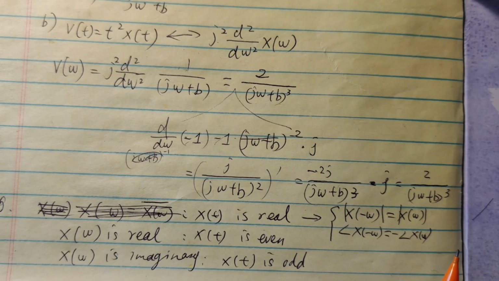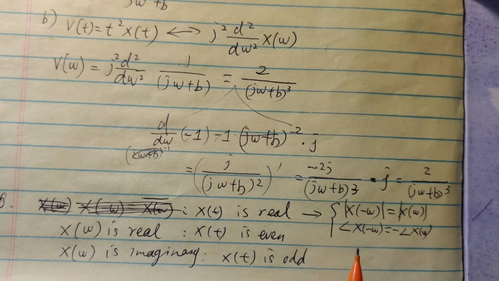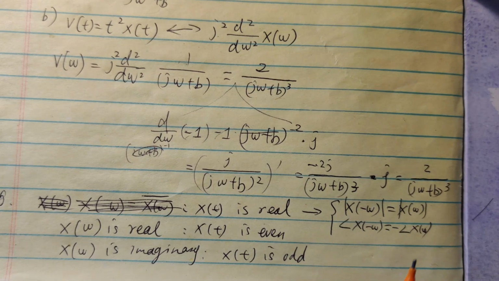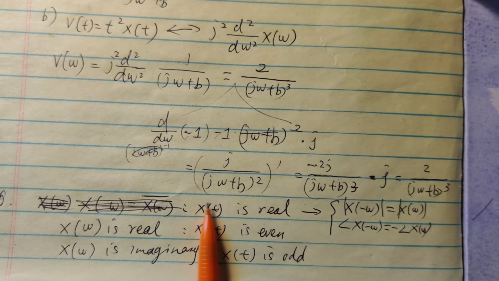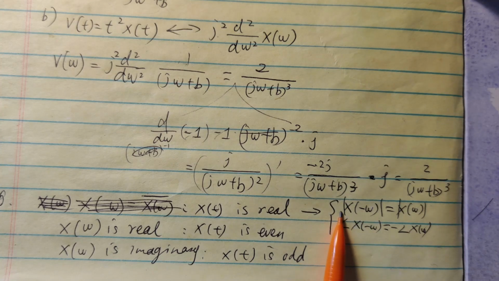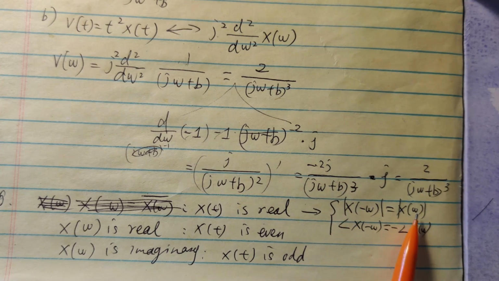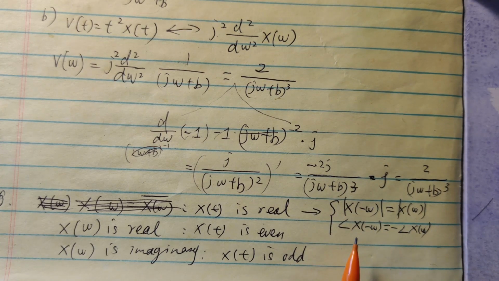The last one, we talk about real, even, symmetric for Fourier transform. So if x(t) is real, we can obtain that for real signals, the Fourier transform magnitude is even symmetric and the phase response is odd symmetric.